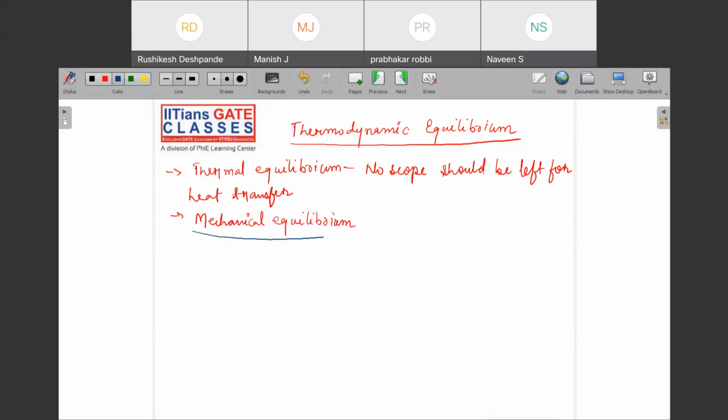Like in thermal equilibrium, we see that there should be no scope left for heat transfer. Here, there should be no tendency of any movement in the system. That means that your forces should be perfectly balanced. So the forces should be balanced.